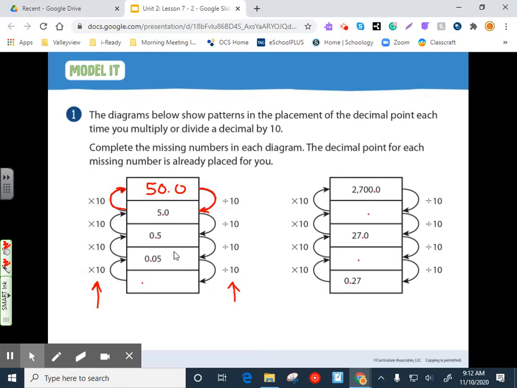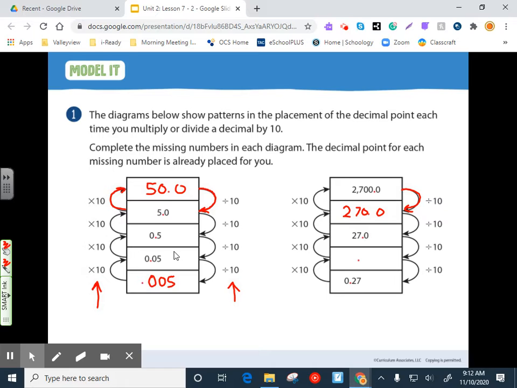And let's look down here at the bottom. So if this 5 hundredths was divided by 10, it becomes 5 thousandths. Over here, it starts us off at the top with the number 2,700. If we're dividing by 10, that becomes 270.